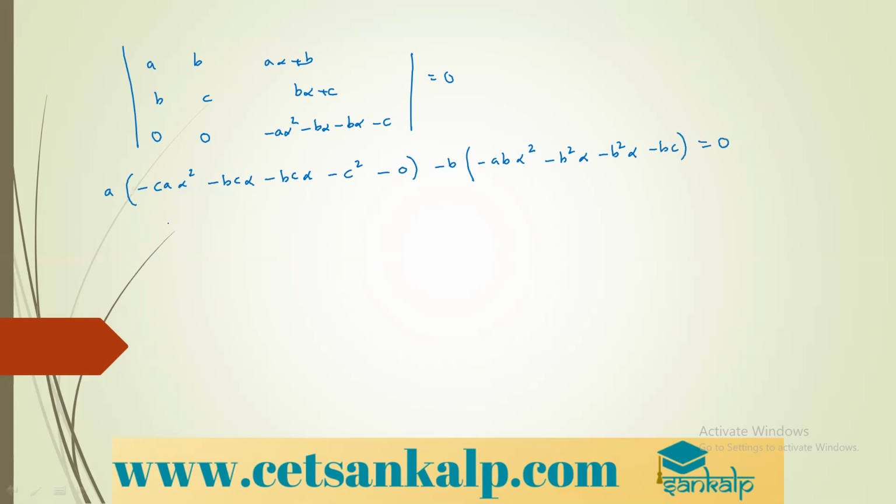That is what I have, equal to 0. So when I simplify, minus ca square alpha square minus abc alpha minus abc alpha minus c square a plus ab square alpha square plus b cube alpha plus b cube alpha plus b square c equal to 0.